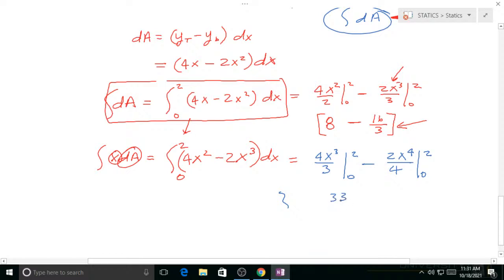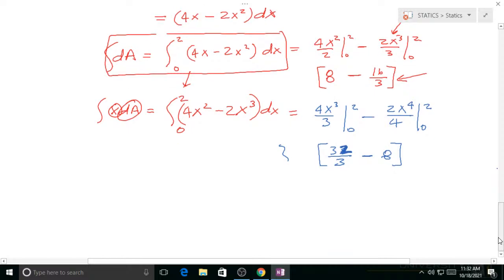Is that it? 32 over 3 minus, okay, I can get rid of part of this. I can get rid of two 2's there. So then 2 times 2 times 2. Is that 8? I think that's it. So now I've got the necessary ingredients to figure out x bar.